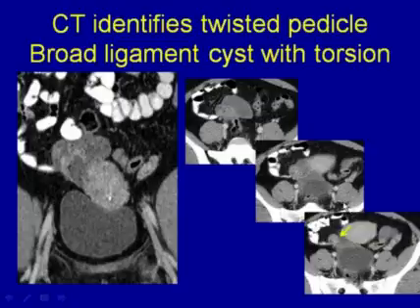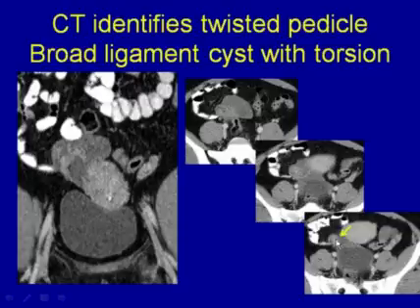However, on CT, here's a coronal view. You can see that the ovary and the cystic mass are displaced upward and again to the midline. As you follow this down, here is your ovary. This is on an axial image. Here is the pedicle leading in there, and here's the uterus over here.